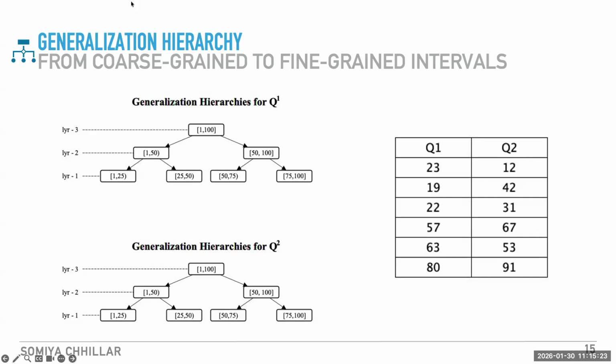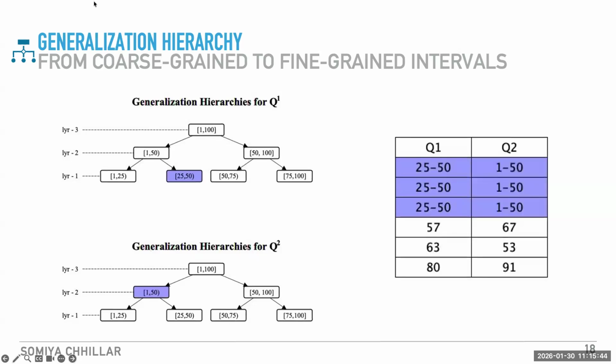All right. So if we just take the first three records in Q1 and we want to generalize them, we can do that by using a node in layer 1 of generalization hierarchy Q1.